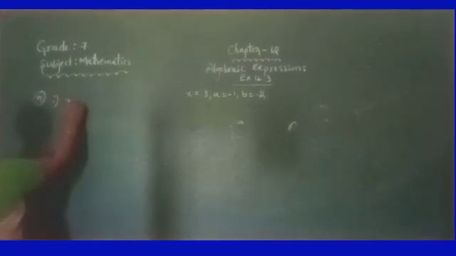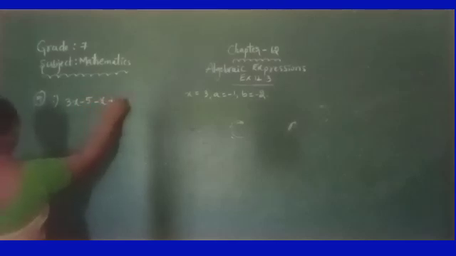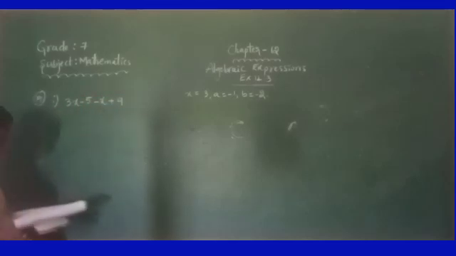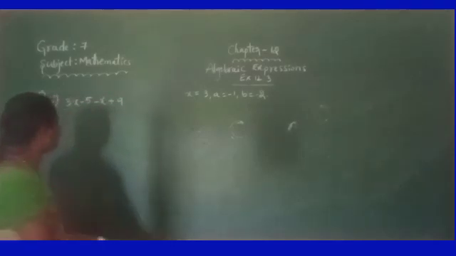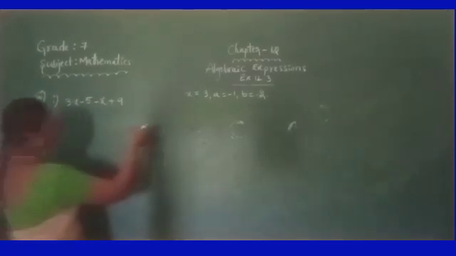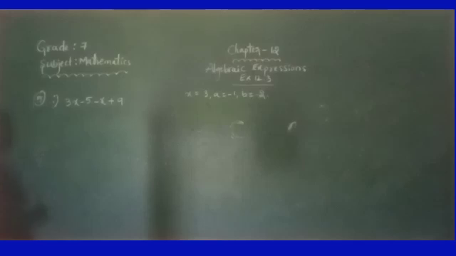So the first one is 3x minus 5 minus x plus 9. We have to simplify this expression and, instead of x, a and b, substitute these values. Then find the value of the expression.